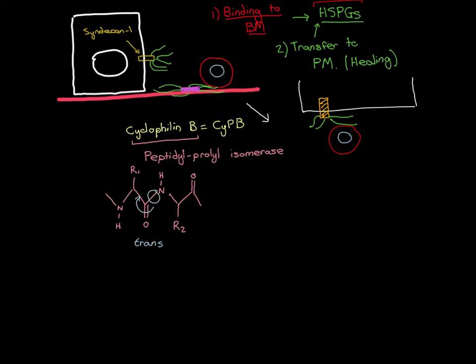So let's do this. I'll go back to the pink pen. Here is this nitrogen, I'll get my laser pointer, and here is the hydrogen coming off that nitrogen. Here is its alpha carbon, its R group down here, R2, and then the carbonyl group up here, which will be linked to the next amino acid along.